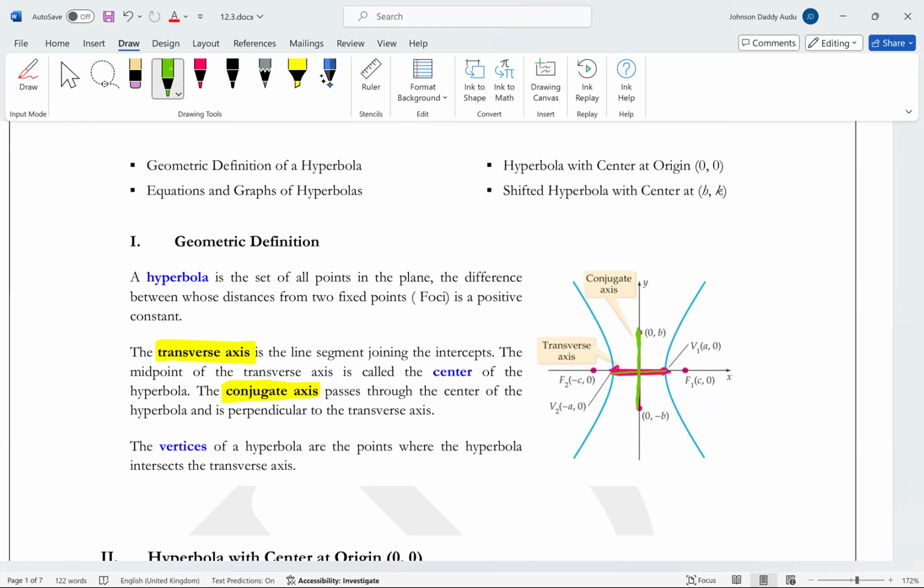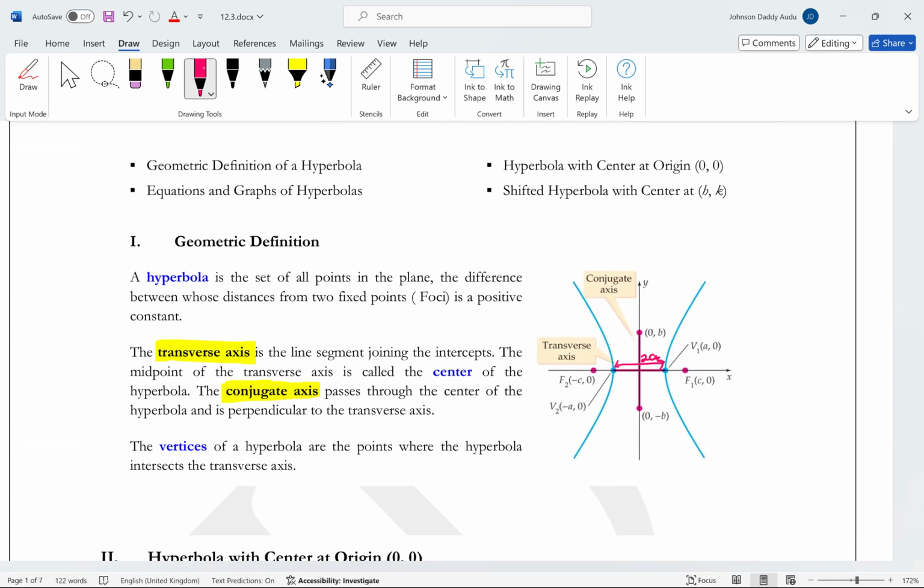So if this is the transverse axis, the midpoint here is called the center of your hyperbola. Another thing we can see is that the distance between these two points is 2a.